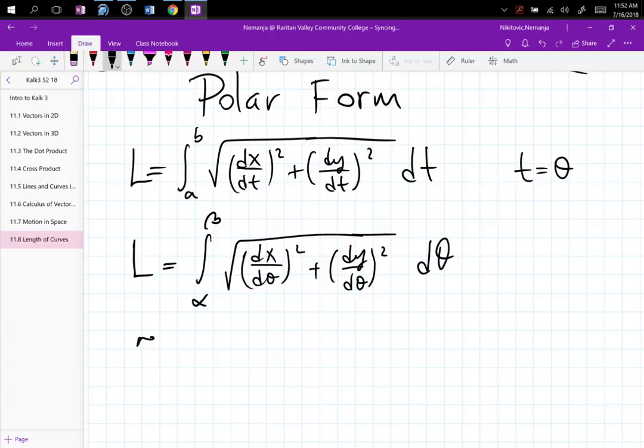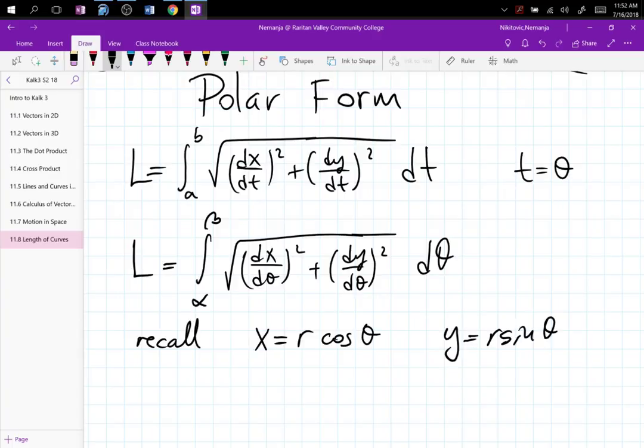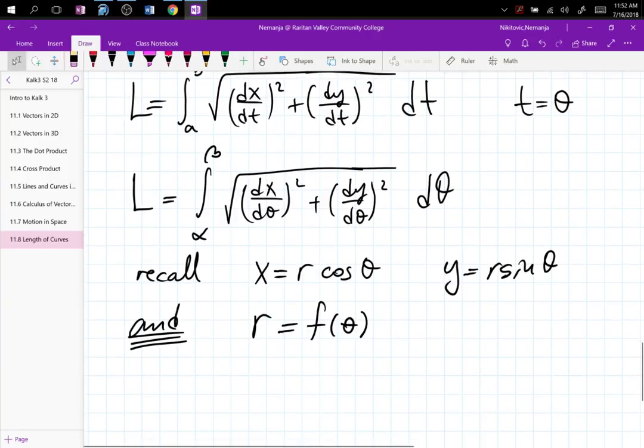Now, recall from your previous life that x is equal to r cosine theta and y equals r sine theta. And very important that r is a function of theta. So now, when you look at the formula and what you have to swap, you have dx d theta.